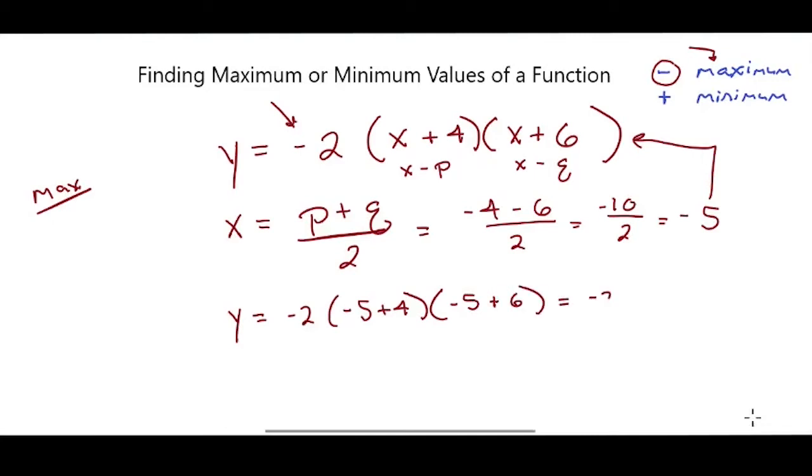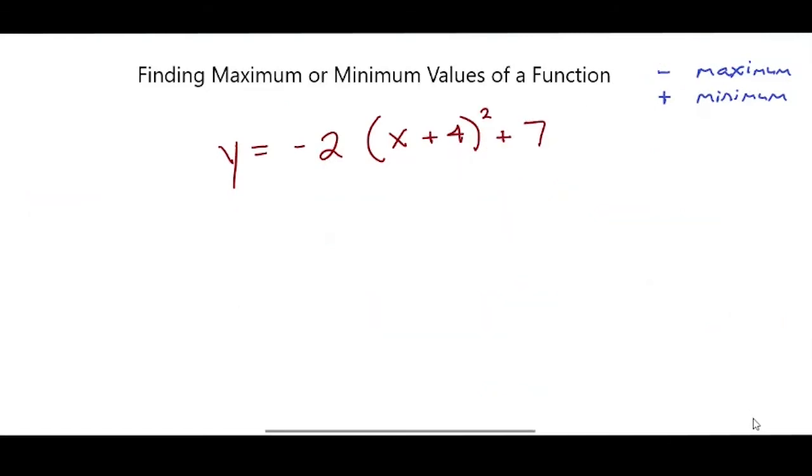And that's going to be -2 times -1 times 1. -2 times -1 is 2. 2 times 1 is 2. So the y coordinate of the vertex is 2. So my maximum is 2.